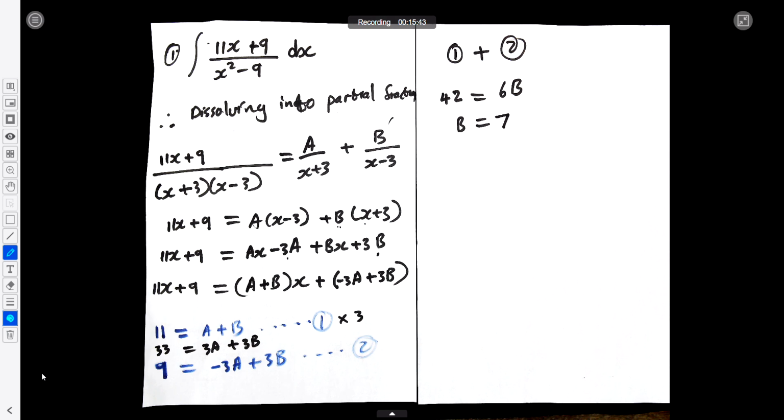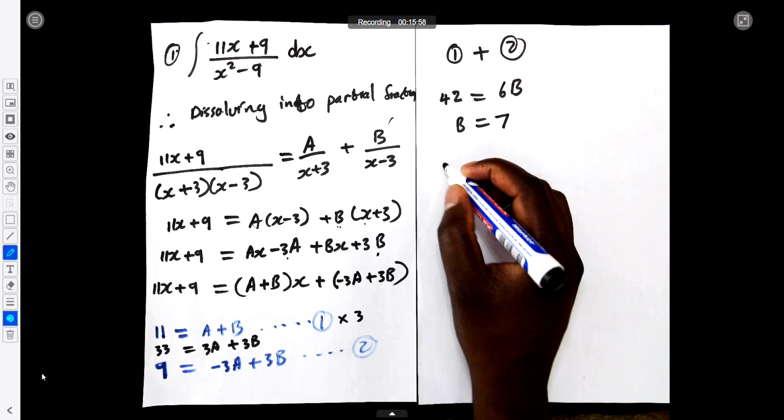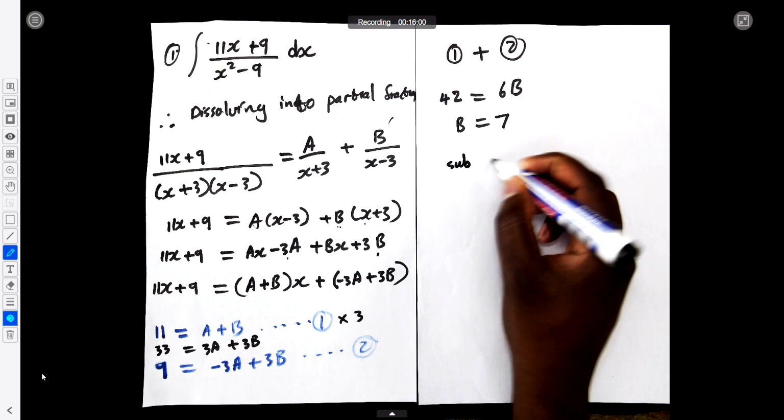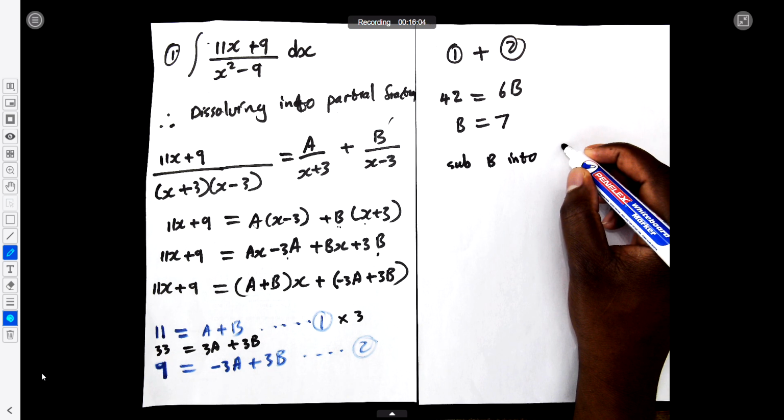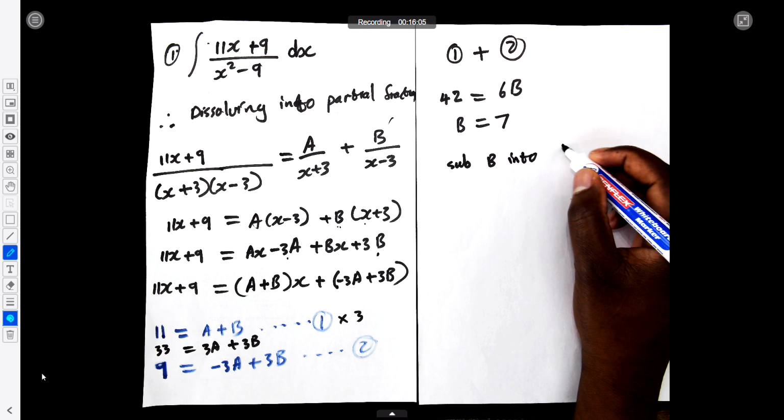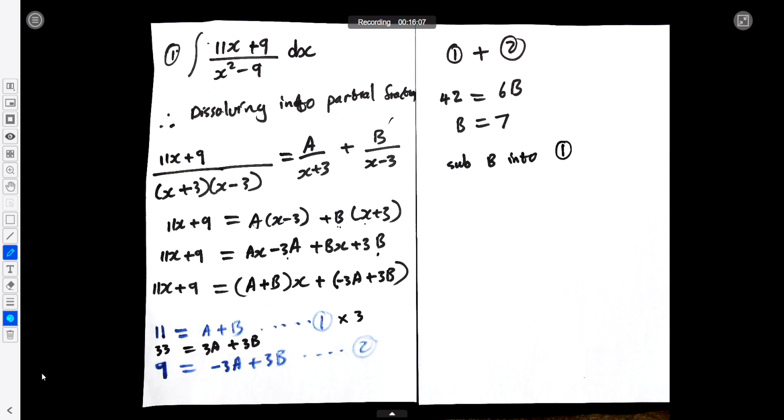Now, if we want to find a, we substitute in either of the equations that we have there. We can substitute in the first one that we derived, or the second one. So let's take the simplest one. We're going to sub the b into equation 1.